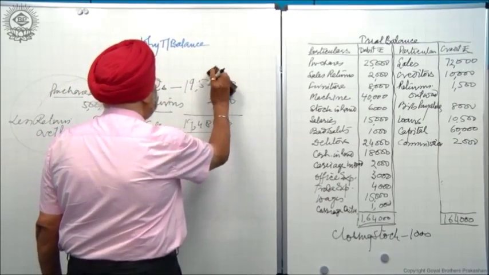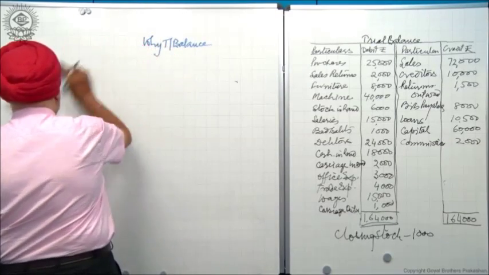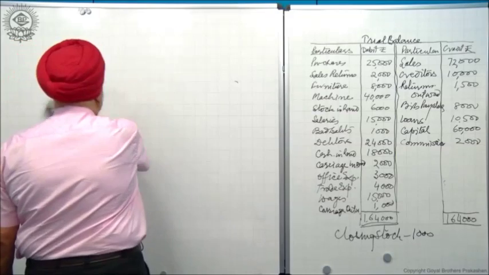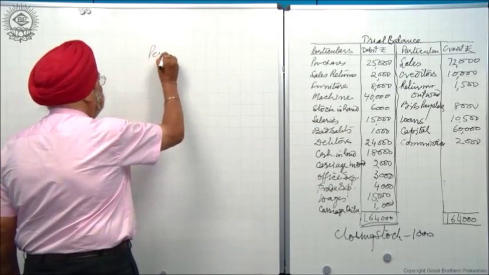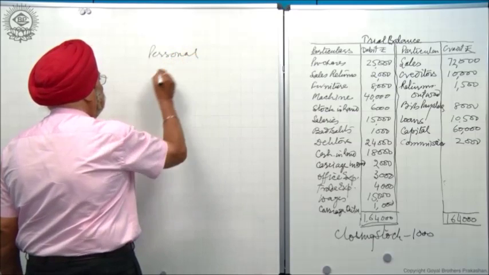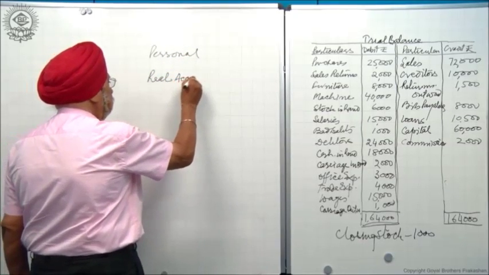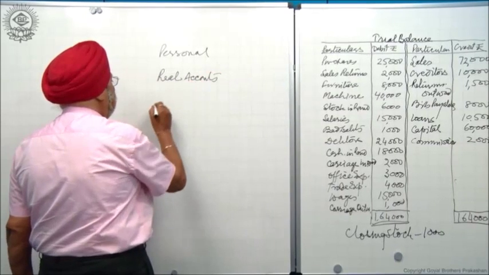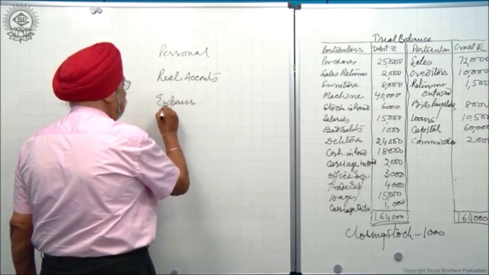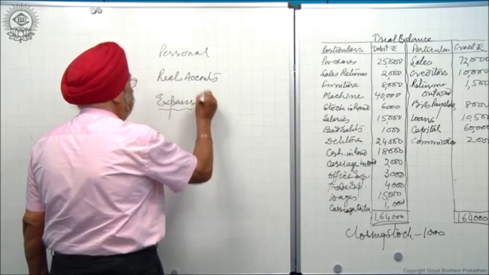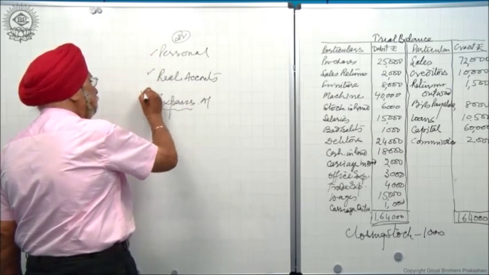One are personal accounts, and real accounts, and then expenses and incomes. Expenses accounts, debit side. On the debit side, we have these three.